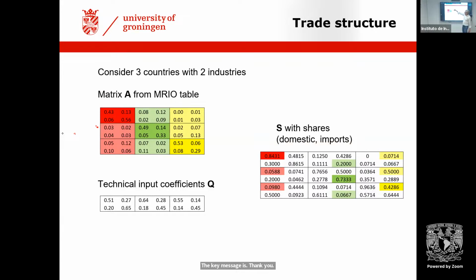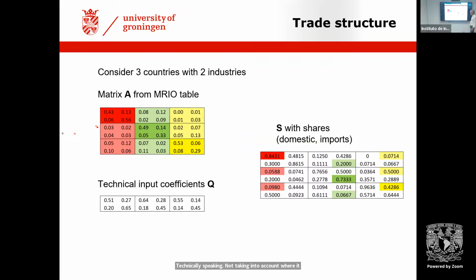Second industry, manufacturing, in country yellow, requires, technically speaking, 0.14 inputs from agricultural inputs, not knowing where it comes from. And it requires 0.45 inputs from manufacturing, technically speaking, not taking into account where it comes from.